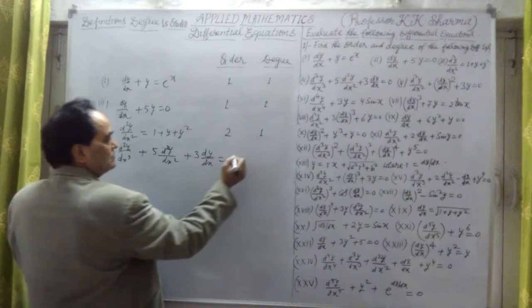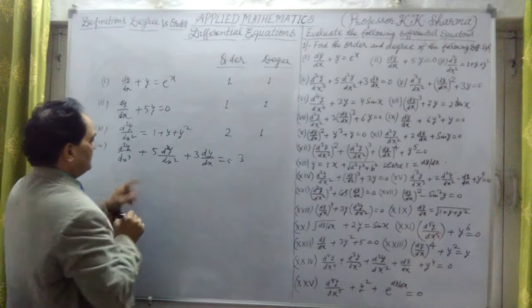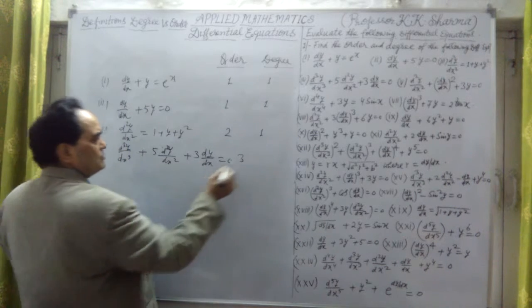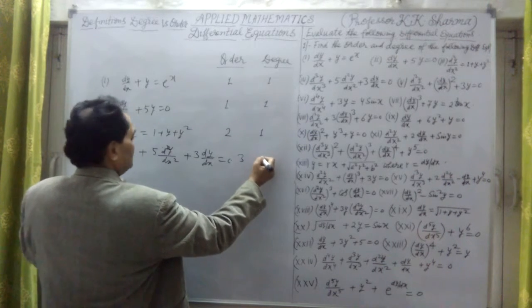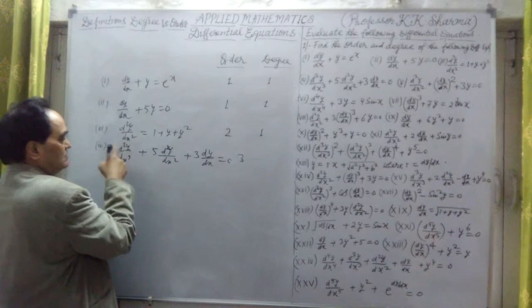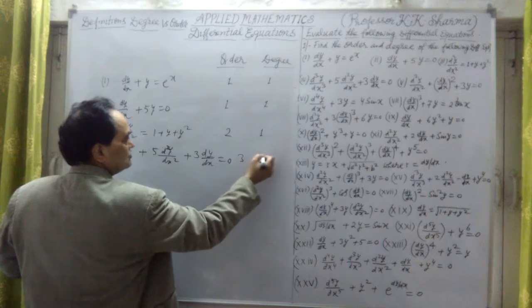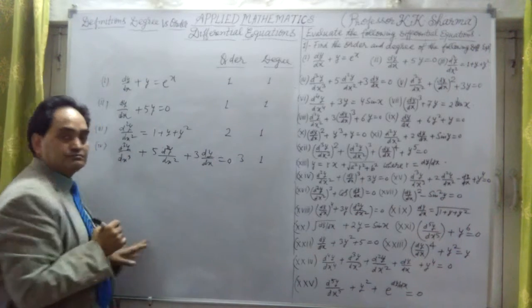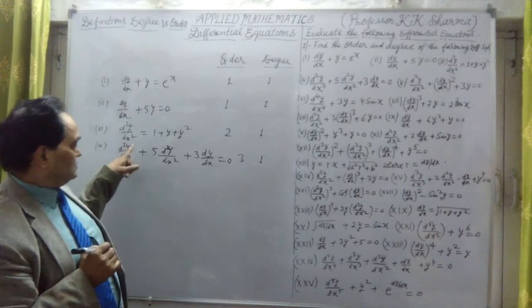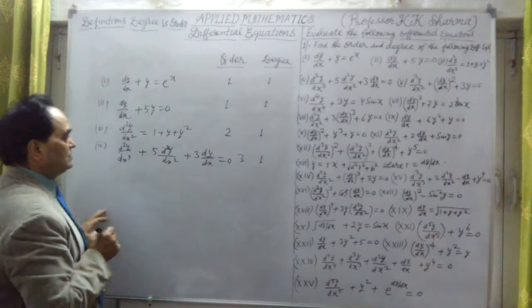Order is 3. The power of this highest order derivative is 1 only; it is not repeated 2 times, only 1 time. So the degree is 1.